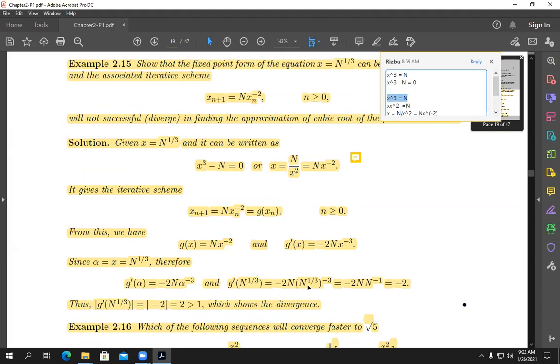Then you have n and n power 1 by 3, cubed, so 3 cancels. You have n power minus 1. N into n power minus 1 is what? 1. So minus 2. Then you take the absolute value, because we say g dash alpha in absolute value is greater than 1. So it is 2. We show this formula, this g, is not good.